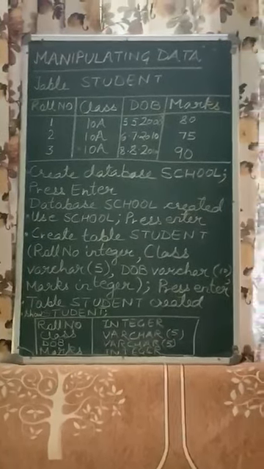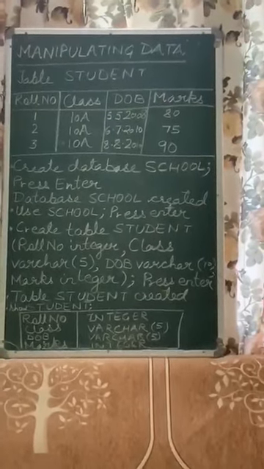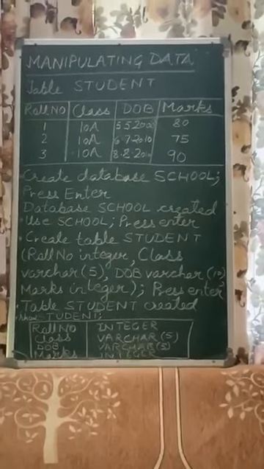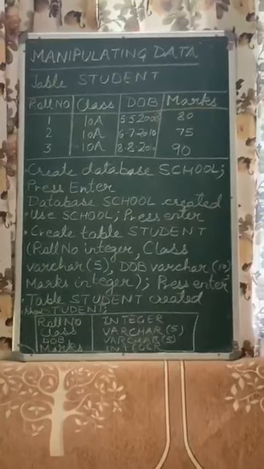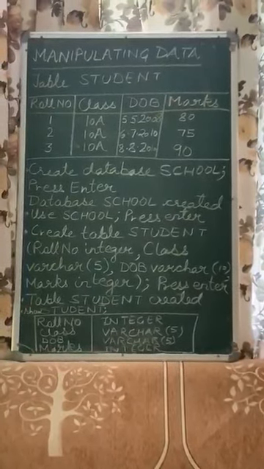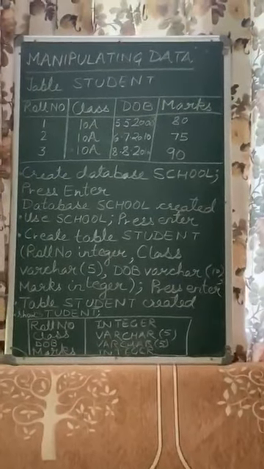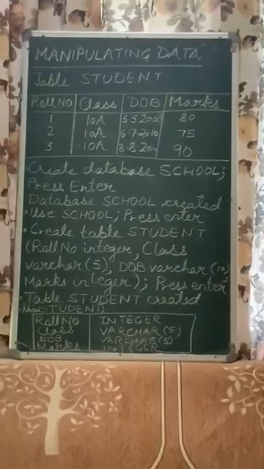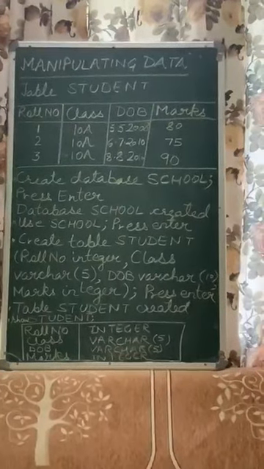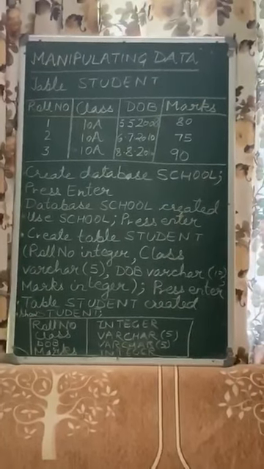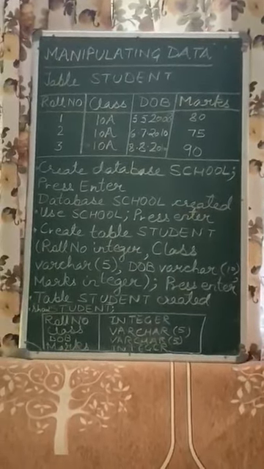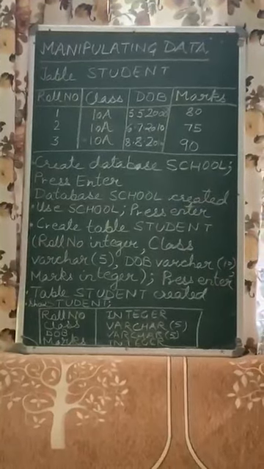So children, today we have studied how to create a database and then how to create a table inside the database. Now in the next video I'll be showing you how to insert the data. Up till now we have not inserted the data. It is just that we have made a database and created a table inside that database.